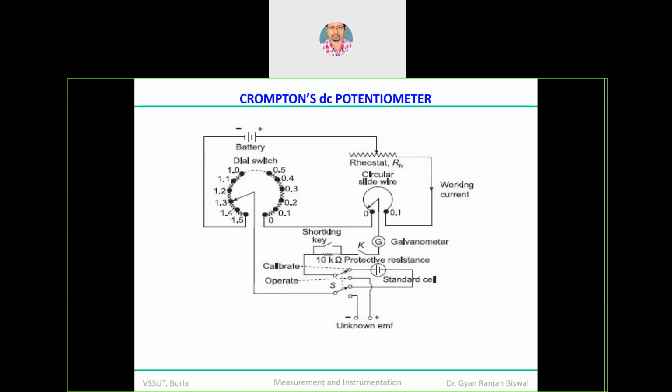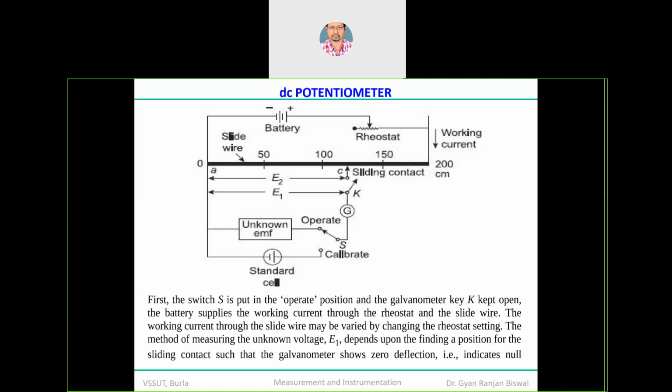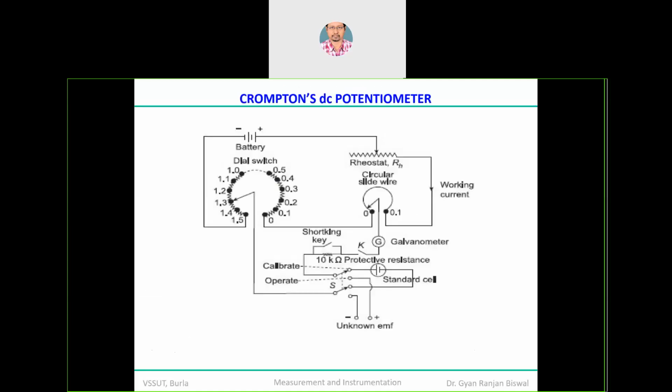So it slightly modified the original standard circuit. Fundamentally both are the same. The only technical difference is that the sliding contact is replaced by a cyclic contact with multiple switches. So now you remember that you have dial switches, a circular slide switch.